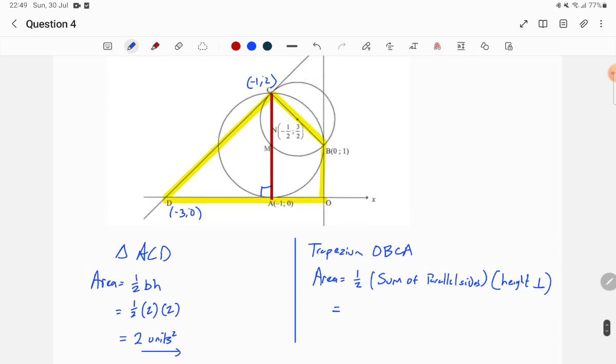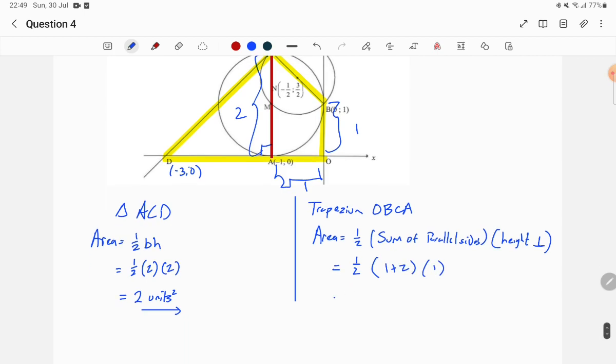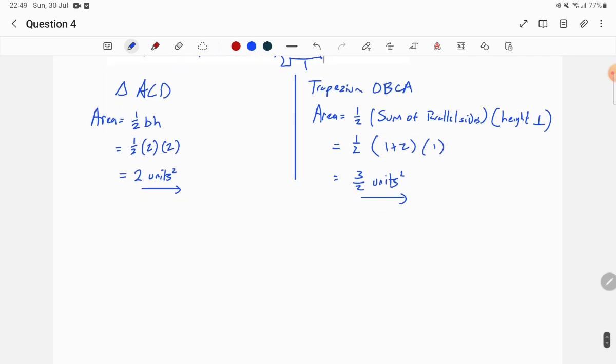So this would be half into 1 plus 2, because this is 1 and this is 2, and then our perpendicular height here is 1. So that would be 1 plus 2 multiplied by 1, and then we get 3 over 2 units squared. Now these are two separate shapes, so we need to add these two together.